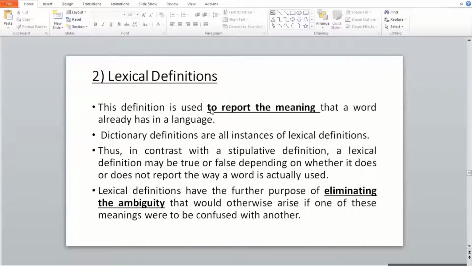For example, when you enter into ambiguity, you'll browse the dictionary on your mobile phone and it will become clear. So the lexical definition helps you to eliminate ambiguity in words, because that ambiguity arises, we have said, because of lack of what? Clarity.